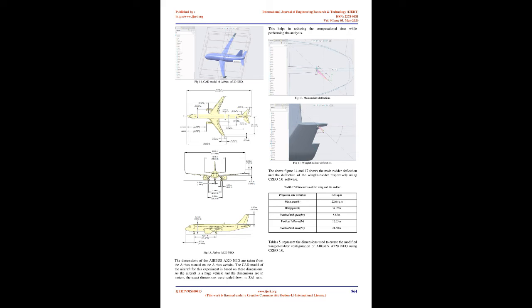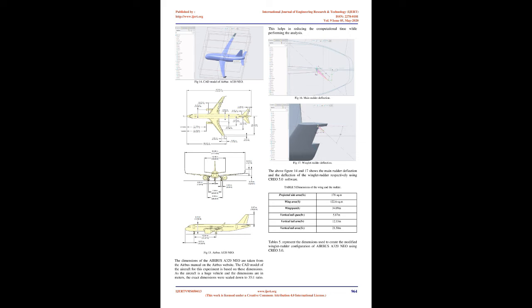For geometry, the CAD model of the Airbus A320 NEO is created using Creo 5.0 software. The dimensions are obtained from the Airbus website. In the winglet part of the wing, rudders are incorporated. The dimensions of the Airbus A320 NEO are taken from the Airbus manual on the Airbus website. The CAD model of the aircraft for this experiment is based on these dimensions.